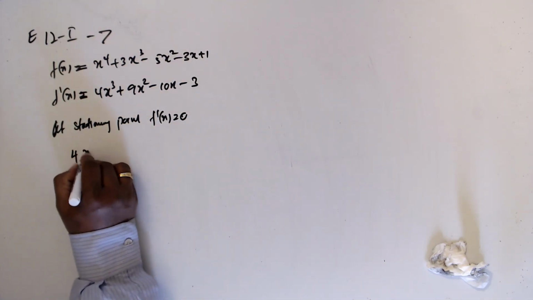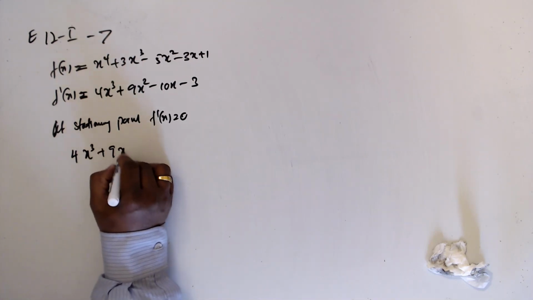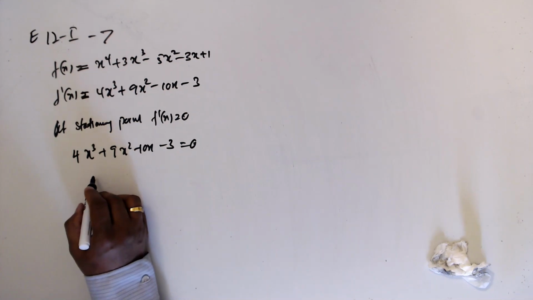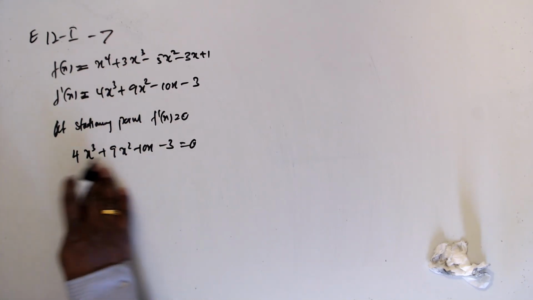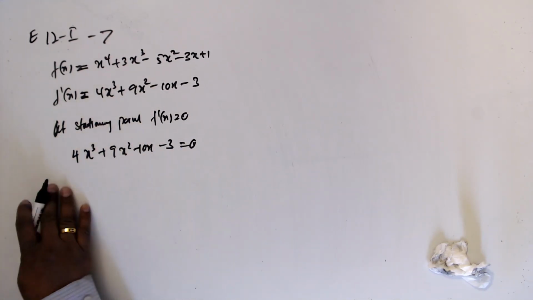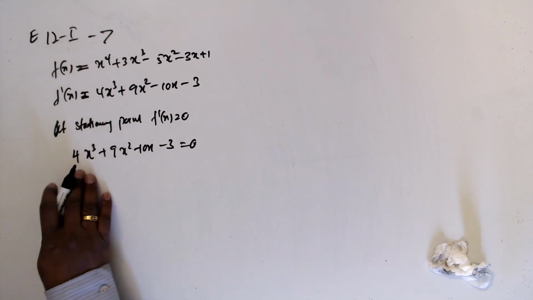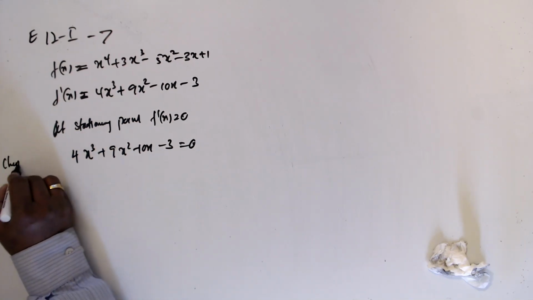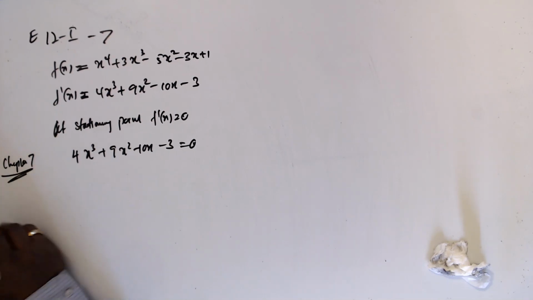So 4x cubed plus 9x squared minus 10x minus 3 equals 0. Now this is a bit challenging. Now we want to go to chapter 7 techniques to factorize.